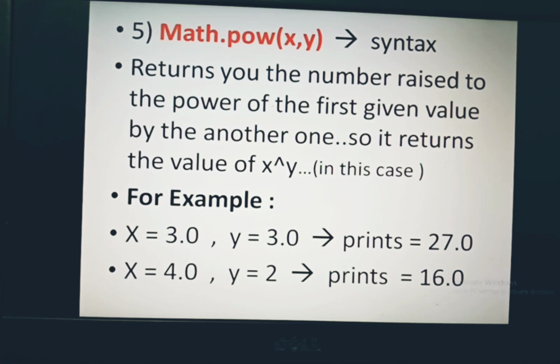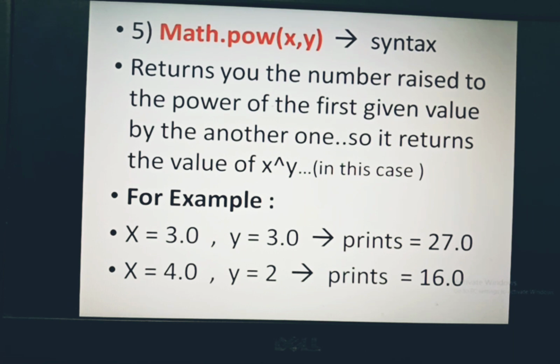For example, the value of x is 3.0 and the value of y is also 3.0. So x to the power y is 3 to the power 3, that is 27. So the answer will be 27.0. In the second example, the value of y is 2 and the value of x is 4.0. So 4 to the power 2 is 16, and it will print 16.0. So it gives you the value of x to the power y.